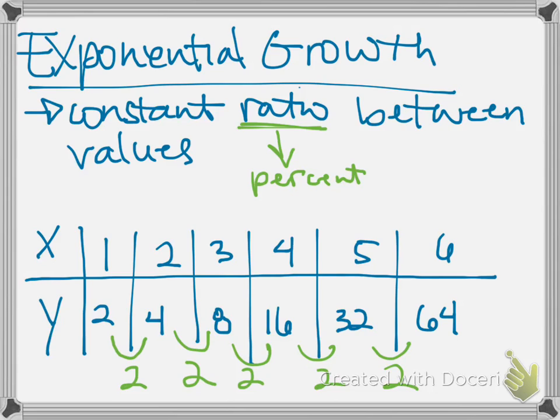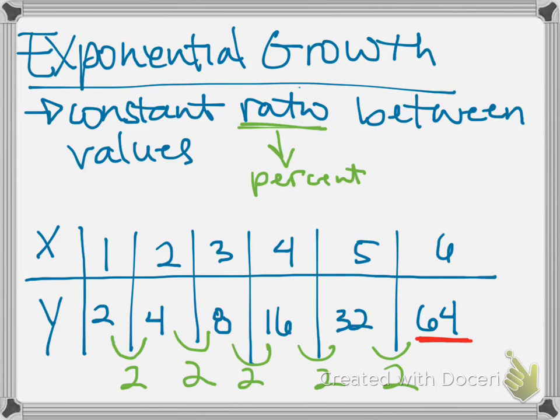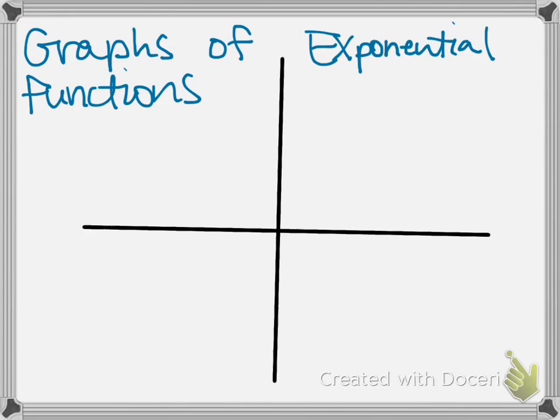By the time x equals 6 in the exponential model, we're up to a value of 64, whereas in the linear model, when x was 6, we had only gotten up to a value of 12. So exponential growth means that we're growing very, very quickly and much faster than linear growth.